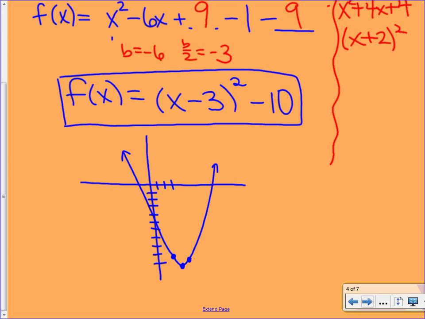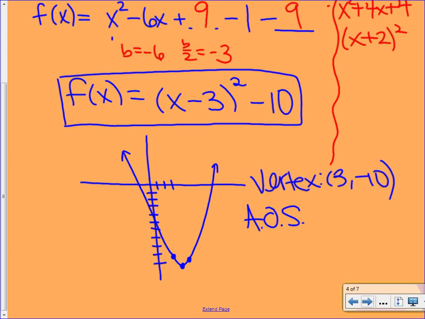Where is our vertex? 3, negative 10. H comma K. Right 3, down 10. However you want to think of it. Where is our axis of symmetry? Okay, don't just write 3. Our axis of symmetry is a line, so we need to write x equals 3.